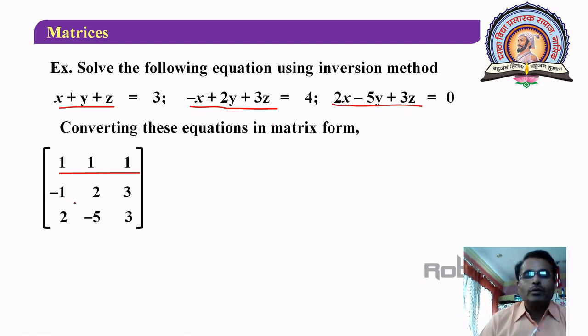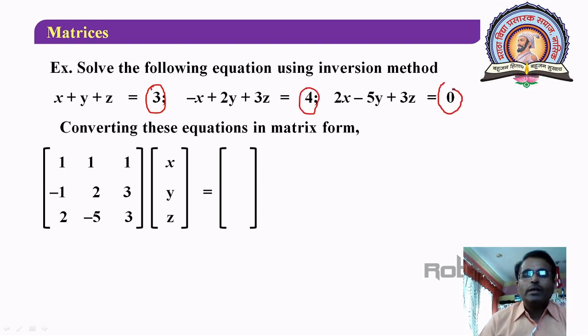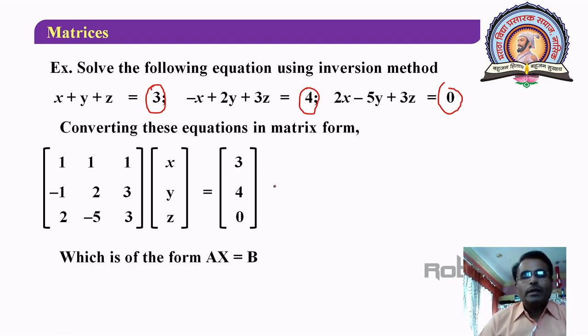In this way you get the left hand side matrix A. Then matrix X is the matrix of variables x y z, and that is equal to the matrix of right hand side constants, which are 3 4 0. So this is your matrix form Ax equal to B.